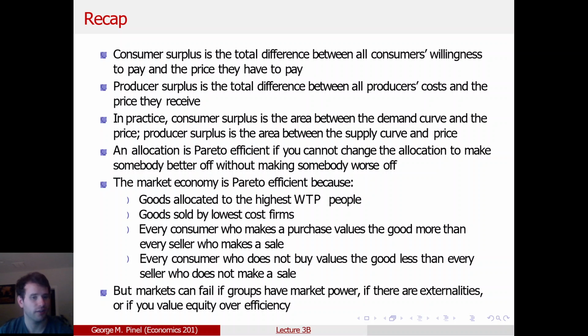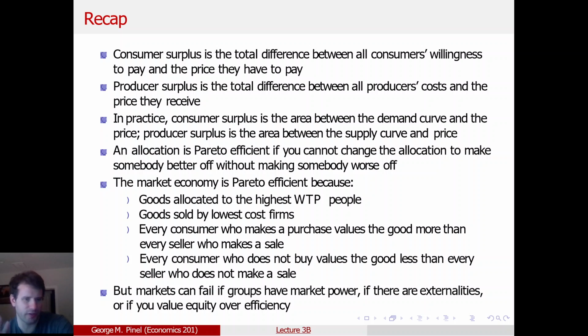Markets can operate poorly if you value equity over efficiency. So you can have a market that's in equilibrium for something that's a great good that's very helpful, but it might be radically costly. The price might be insane, and it might be the case that only the rich are able to get that good.